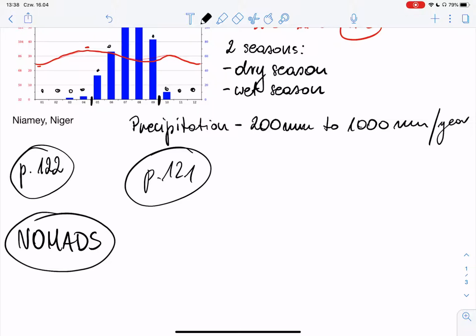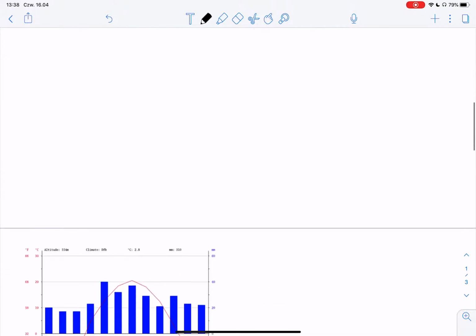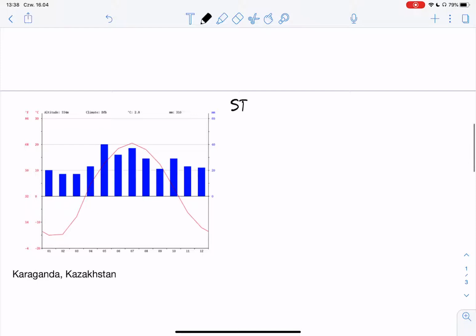Now let's move on to the second kind of landscape we are going to discuss today, and those are steppes. And guys, please open your books on page 123, where you will find a map on the bottom of the page, and as well you will find a climatogram for Karaganda, which is a city located in Kazakhstan.